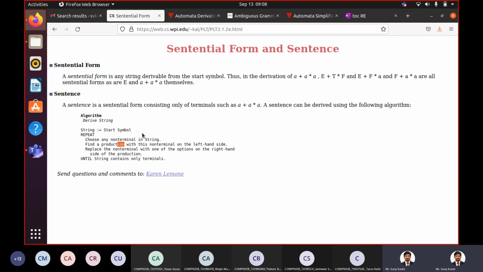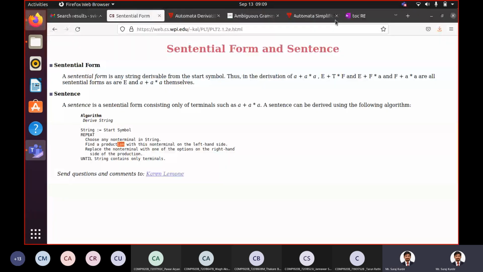Whatever possible production is there, with that we can replace the non-terminal. So it will produce non-terminals or terminals. Replace the non-terminal with options available on the right hand side and repeat this until we get the required string. That is a simple algorithm for how to generate the sentential form.